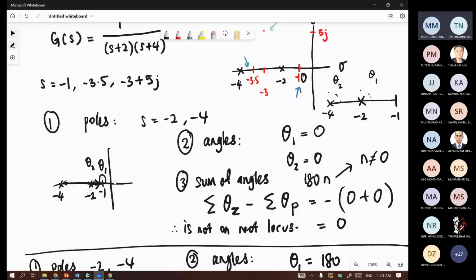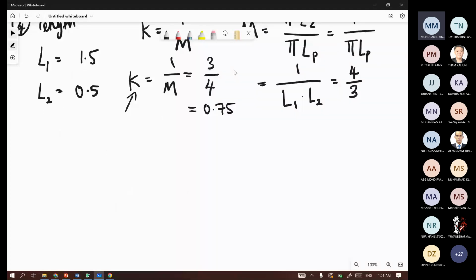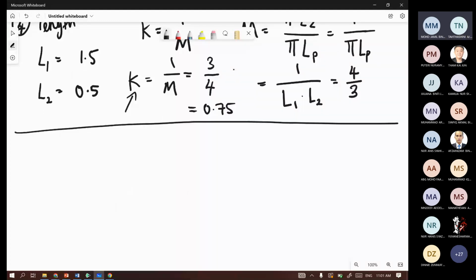Okay, so last example, last question. So -3 plus 5j. So we can plot on the S-plane.